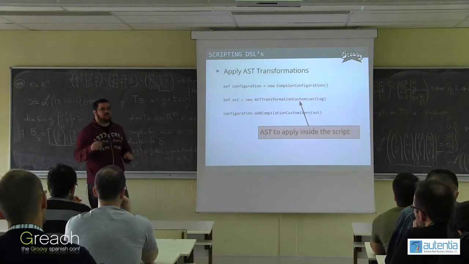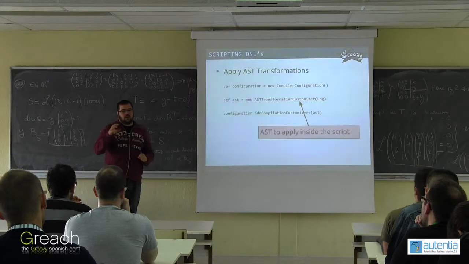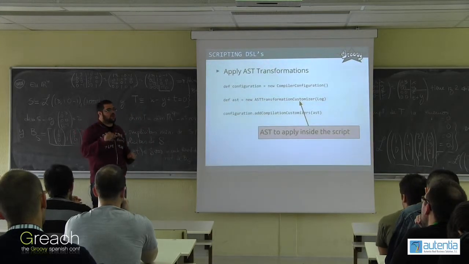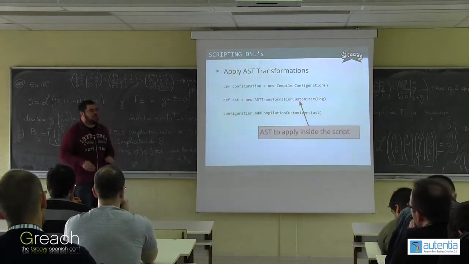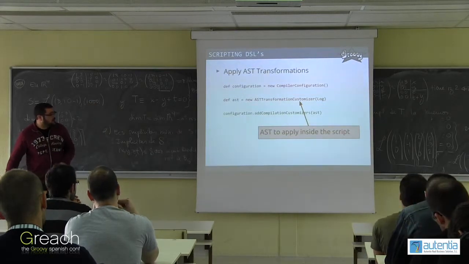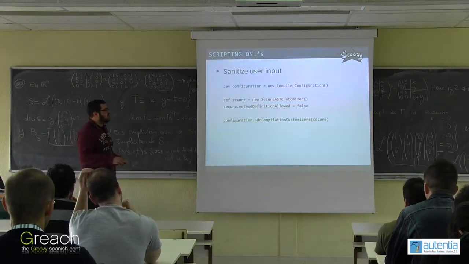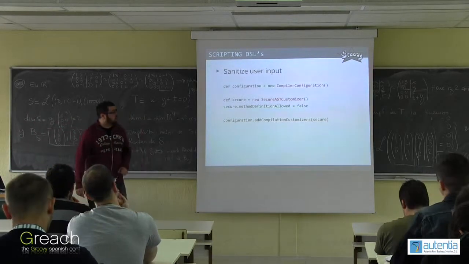The only thing it does is create a log instance inside your method call, so you can call your log4j or slf4j or whatever. You can do a lot of things with this kind of configuration.